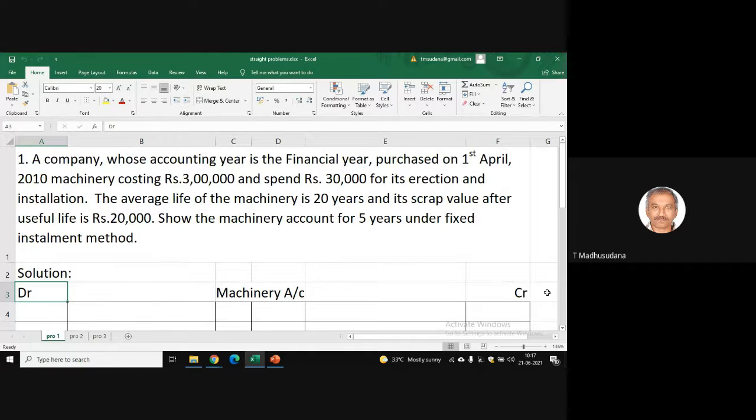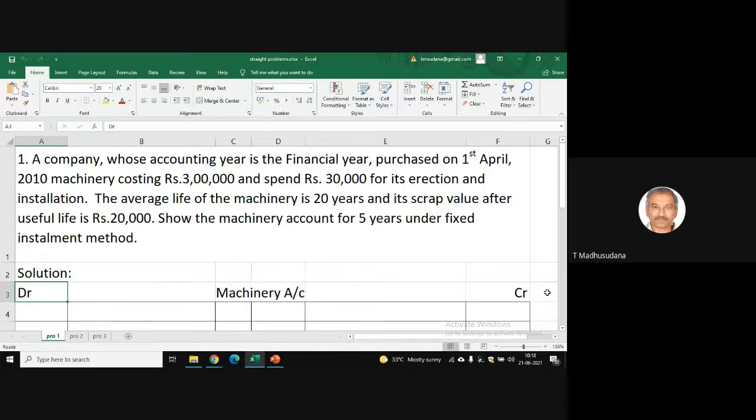There are two formulas in the fixed installment method. One is cost of the machinery into percentage of depreciation divided by 100, and the second formula is cost of machinery minus scrap value divided by average life of the machinery.